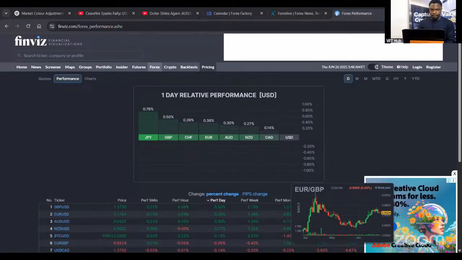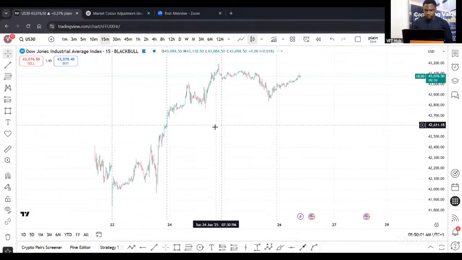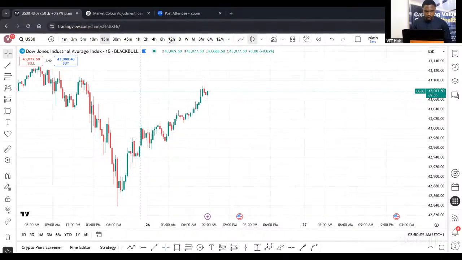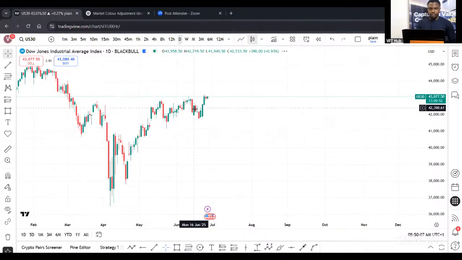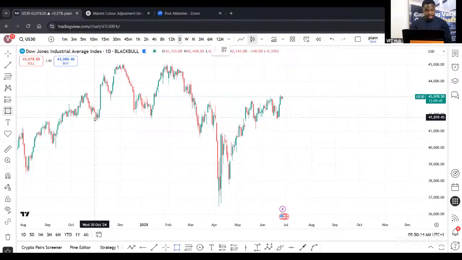All right, I believe you can see my screen now. US30, daily time frame. Beautiful. So US30 is still within this region. What we are expecting is still yet to happen.